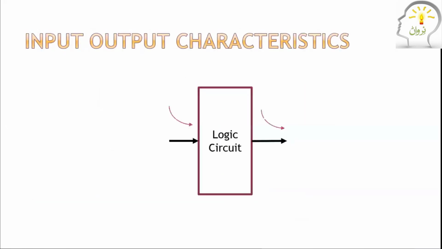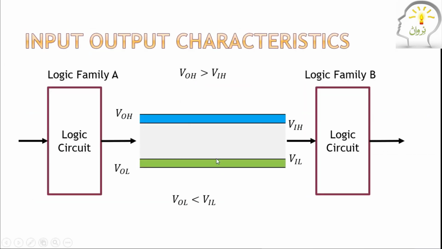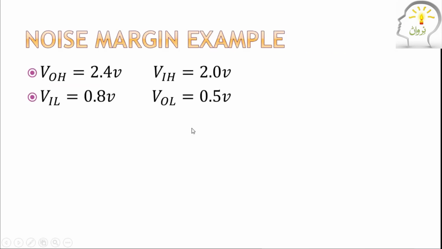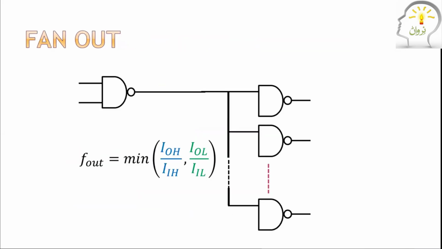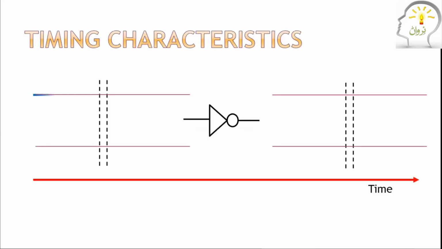I told you about the uncertain region. This was the uncertain region. Yes, sir. And we don't want to lie in the uncertain region. You know that a signal must take some time when it goes from high to low or from low to high. But we want this period to be as small as possible.